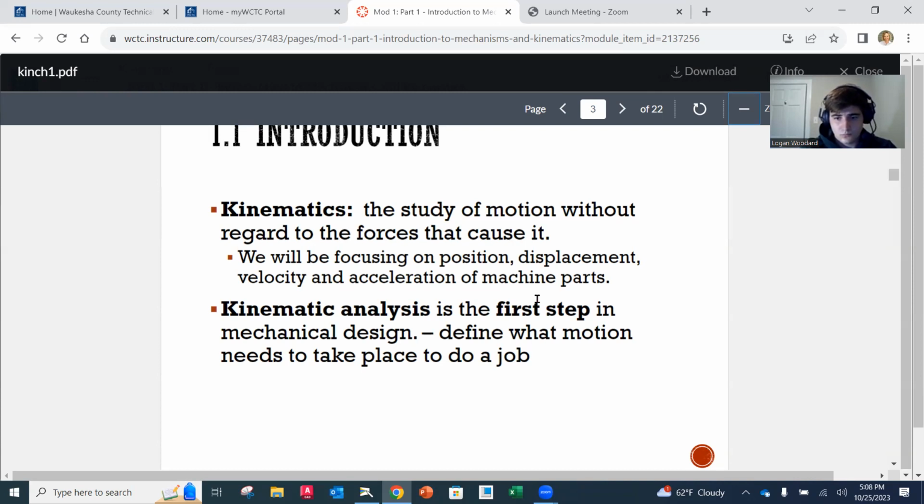We're going to be calculating some velocities and accelerations later on of machine parts. And then additionally, we're going to be looking at standard machine parts that are used: gears and cams and belts and chains towards the end. But fundamentally, kinematics is that first step in our design process.